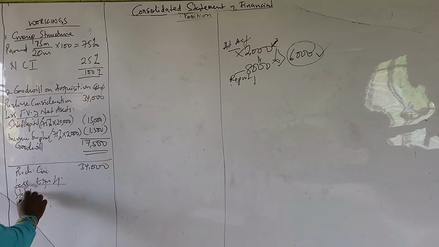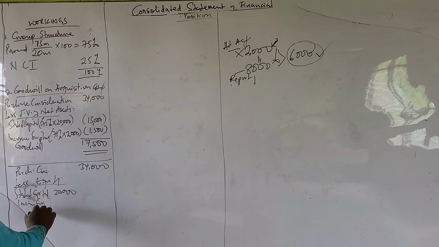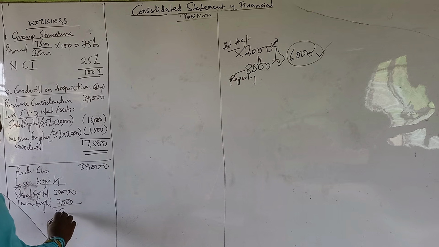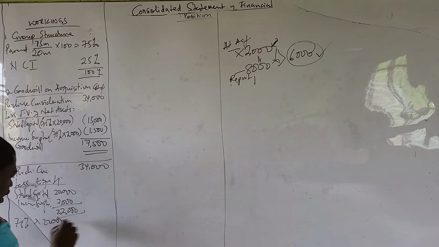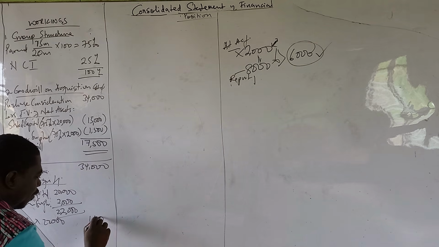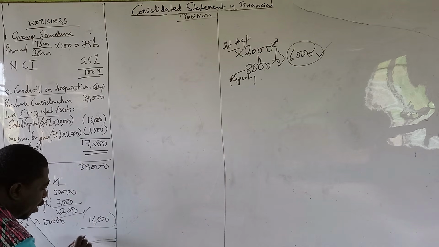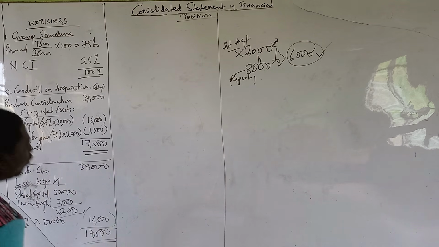Stated capital, 20,000. Then income surplus or retained earnings, 2,000. Then you have 22,000. Then you take 75% of 22,000, and that will give us 16,500. So when you take that out, you still have 17,500.